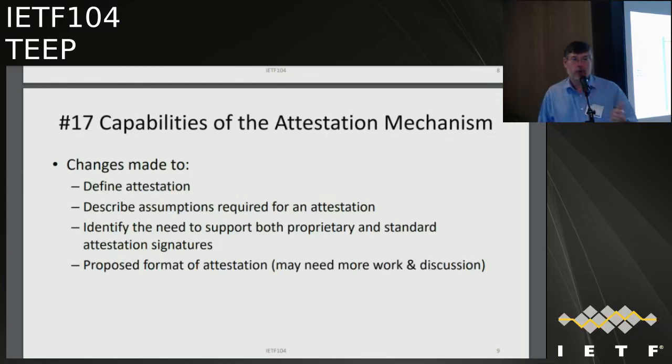We defined what we believe attestation is, the assumptions around that, and how we need to support both proprietary and standard attestation signatures, because there are TEEs available today that have proprietary type attestations. So we need to pull those in.